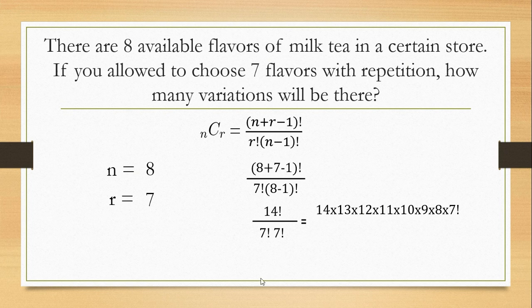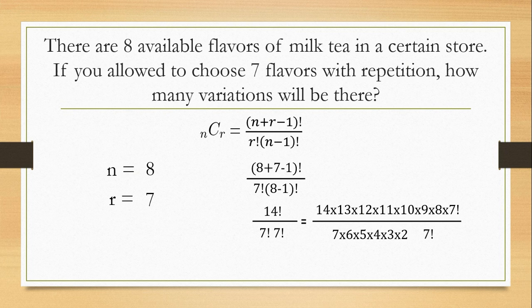Since we have 7 factorial in our denominator, we will end up with 7 factorial divided by, so let's expand 7 factorial using factorial notation. So we will have 7 times 6 times 5 times 4 times 3 times 2. So we just copy 7 factorial again since it can cancel with the 7 factorial of our numerator.